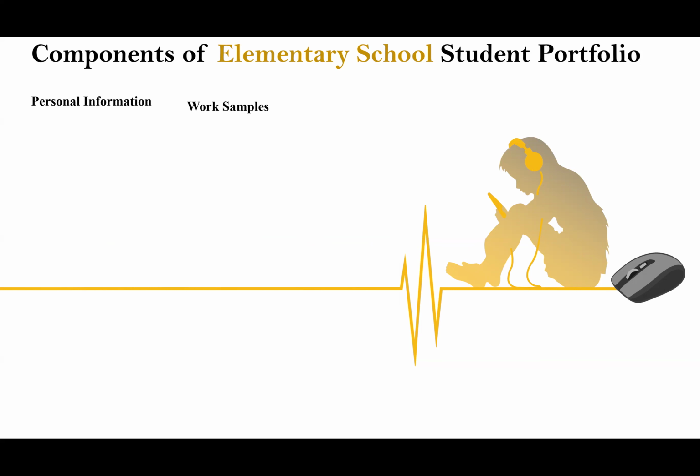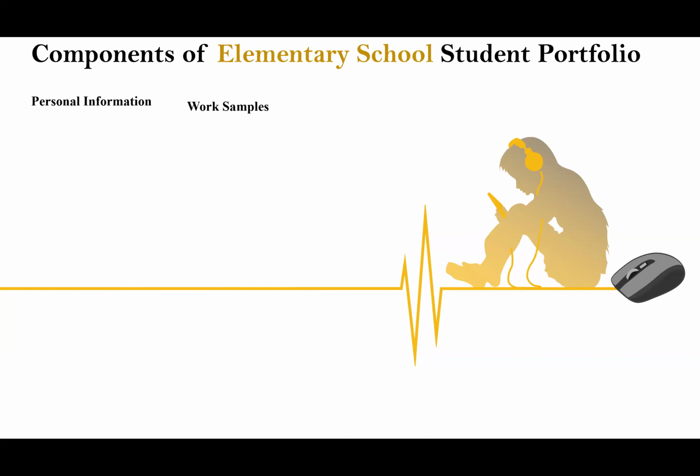So in maths, there could be worksheets to show progress in skills like addition, subtraction, multiplication, division, geometry, or problem solving. In reading and writing, there could be examples of reading comprehension, written stories, essays, reports, book summaries, and poetry. This demonstrates the reading and writing skills, creativity, and critical thinking.